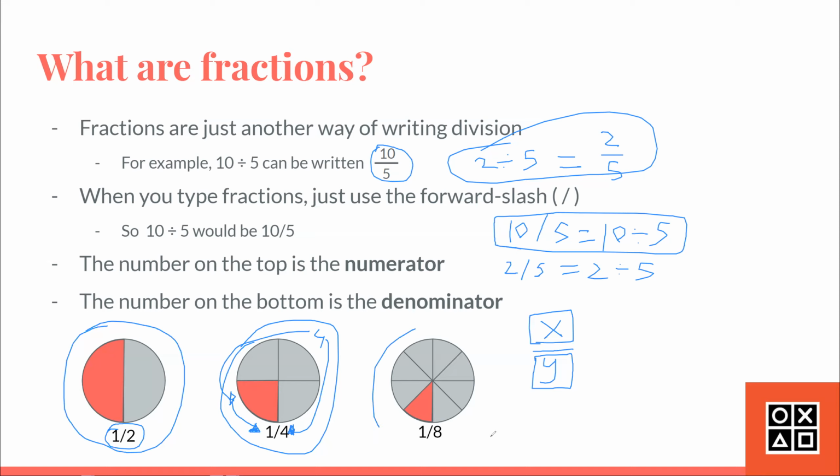And in this one, it's the same thing. There are 1, 2, 3, 4, 5, 6, 7, 8 total sections, hence the denominator, that's 8. And only one part of those 8 slices is shaded in, so only one part, hence the numerator.